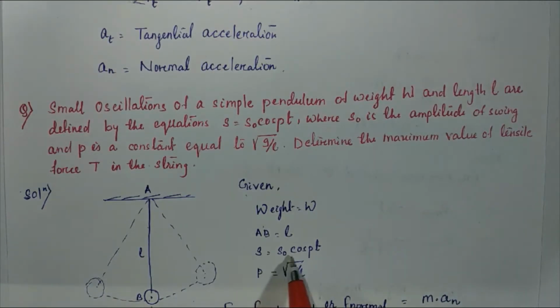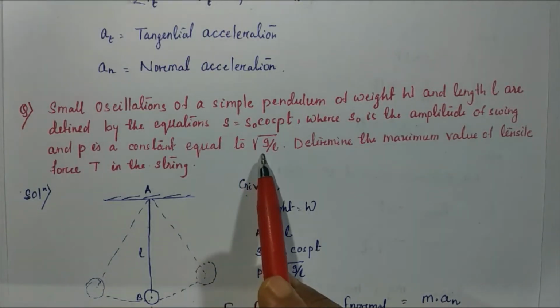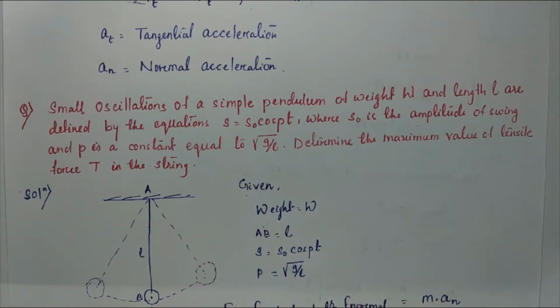S equal to S naught cos Pt. Here S is the amplitude, which is nothing but the distance, and P is a constant equal to root over of G by L, as given in the question.